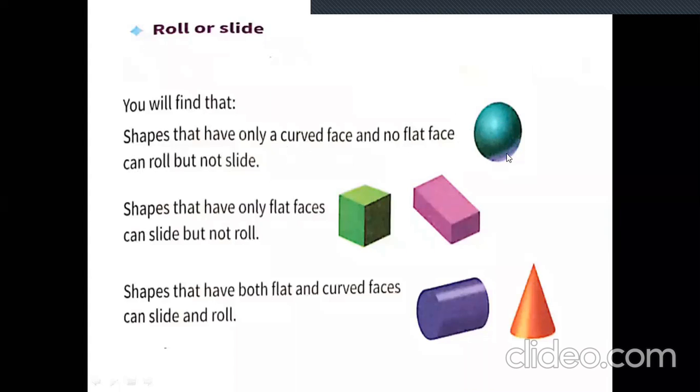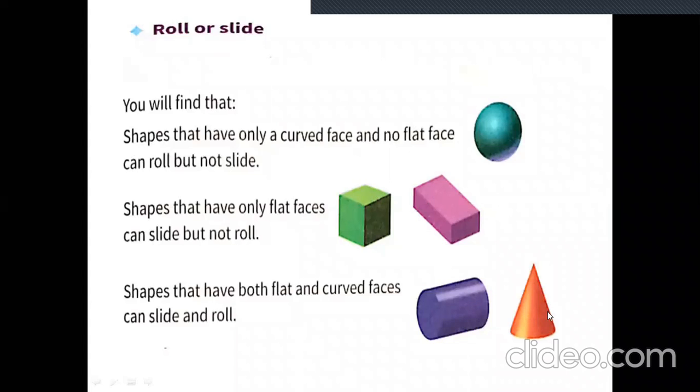When you go for the flat faces, it can only slide. It can't roll. If you go for both flat face and curved face, like cylinder and cone, it can both slide and roll.